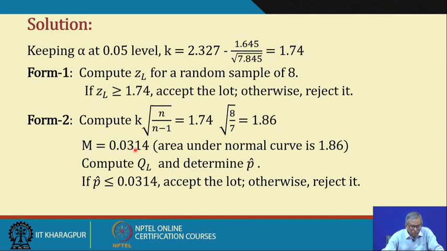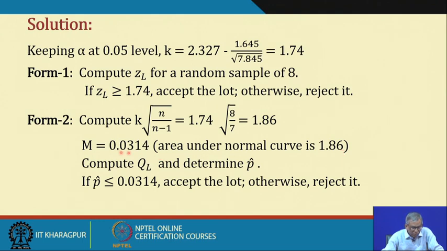Now, what do you do? Now, you refer to the area under the normal curve beyond 1.86, that means M equals 0.0314.